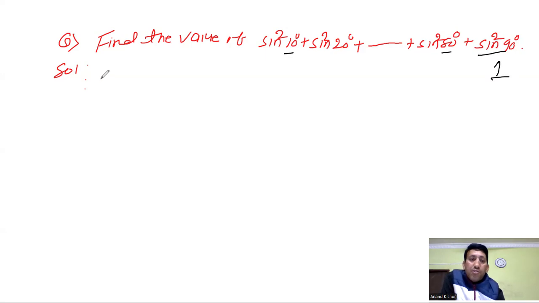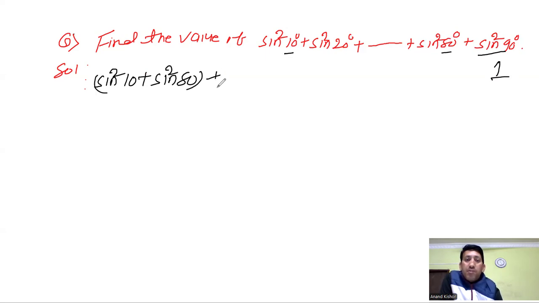And here we are taking pairs: sin square 10 plus sin square 80. Second pair, this is sin square 20, and before sin square 80, sin square 70 is there, so sin square 70 will remain in the pair.